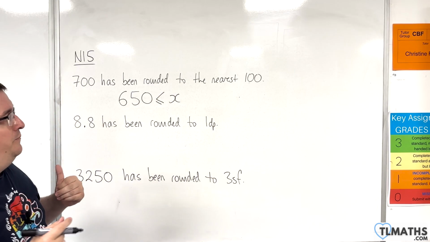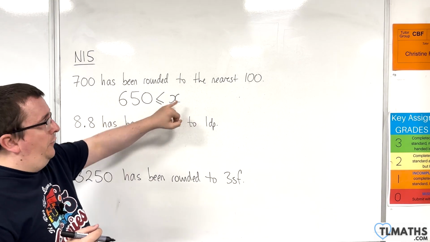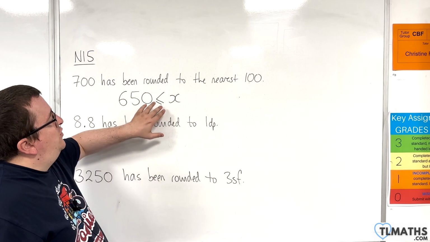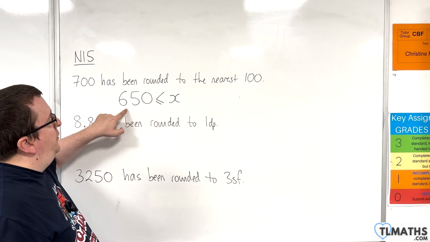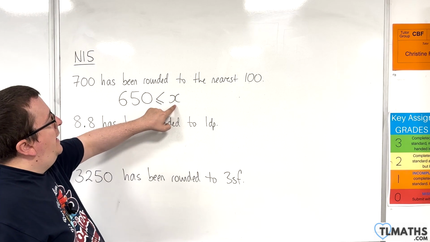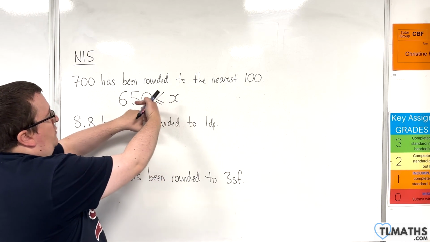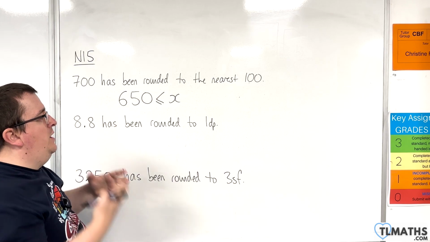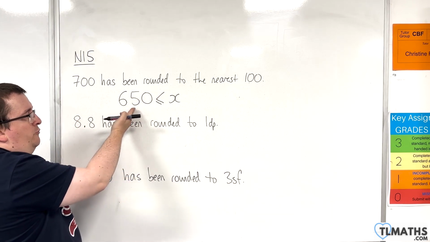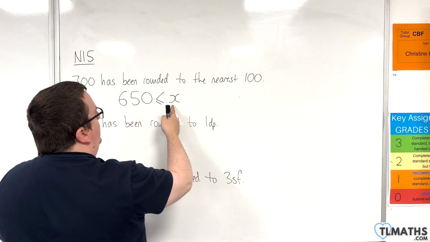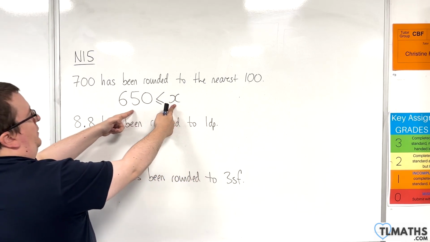Okay, so I'm going to write that x, the original answer, is greater than or equal to 650. So reading it from the middle outwards, x is greater than or equal to 650. Yeah, you can read it as 650 is less than or equal to x, but it usually makes more sense if you think x is greater than or equal to 650.